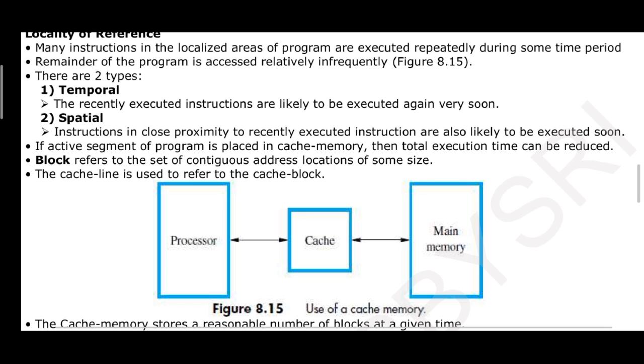So cache works on both principles. Temporal is the recently executed data or instruction being called again in the near future, and spatial means associated or relevant data or instructions, where there is a probability of calling the relevant instruction in the near future.